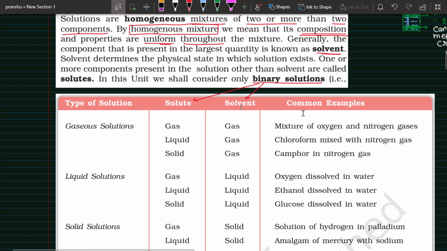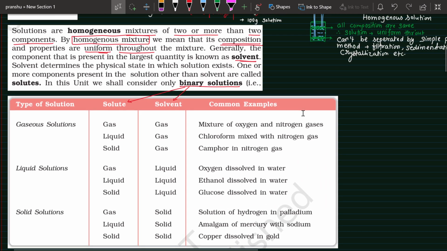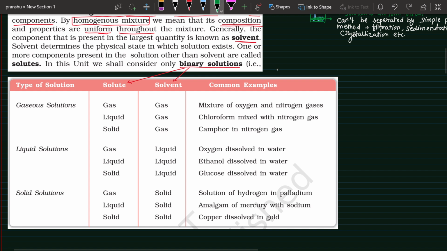Here again, memory based and example based questions are expected in the exam. For example, if solute is gas and solvent is gas, an example is a mixture of O2 and N2. Similarly, solute chloroform CHCl3 present in nitrogen gas.